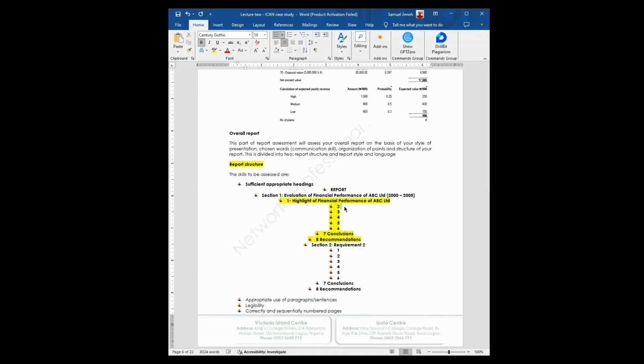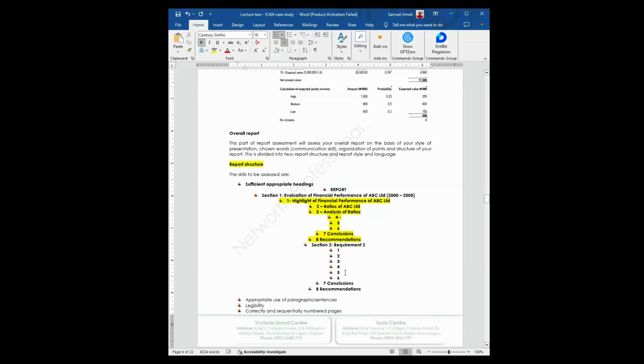Here might just be that you want to discuss the ratios of ABC Limited. This is the analysis of ratios. Whatever you are looking at, you should put appropriate headings that will tell the assessor what you are doing in that part of the report.